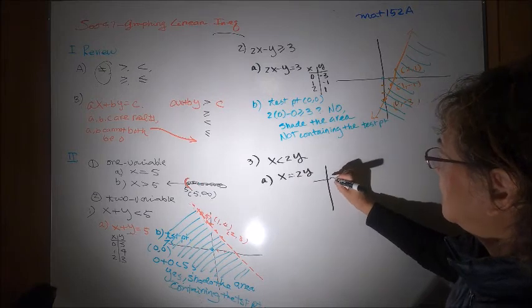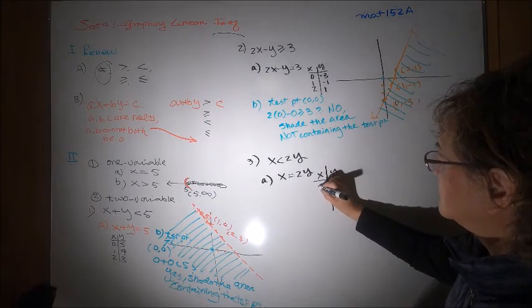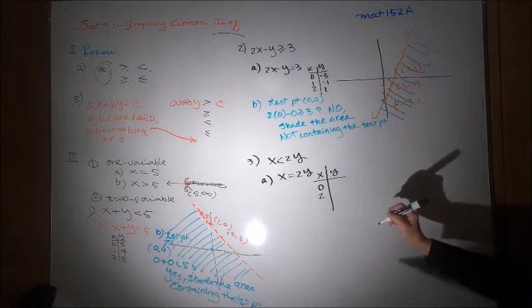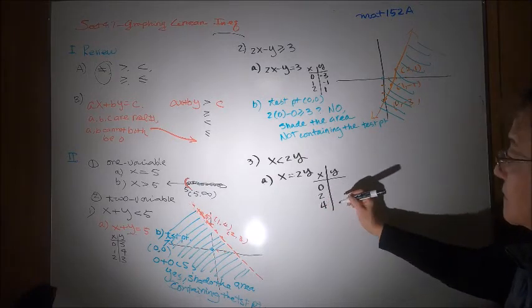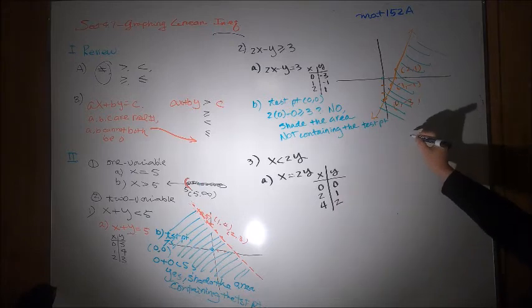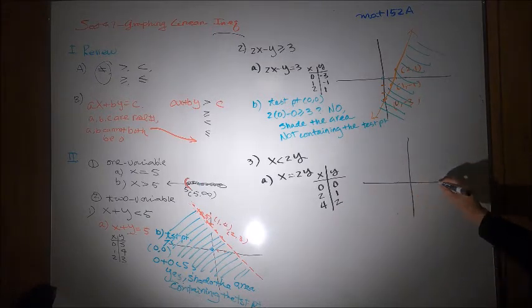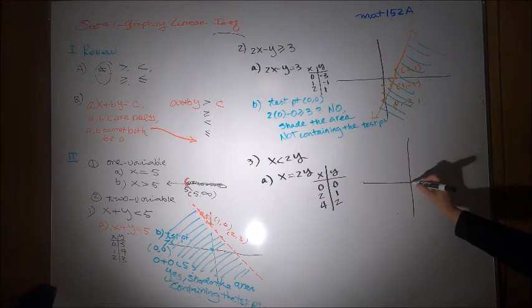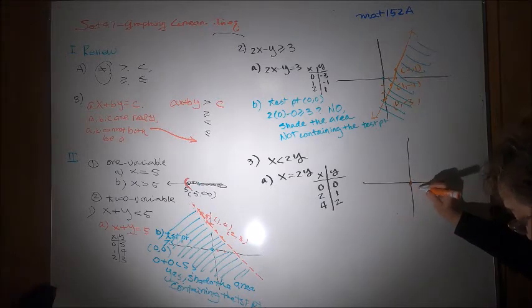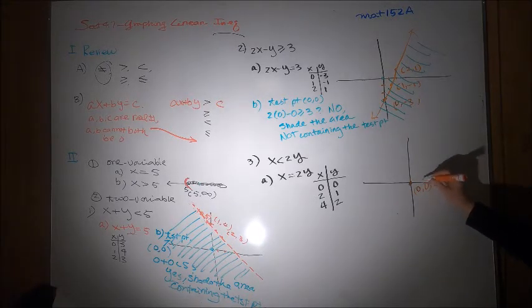So we do that, x and y, 0, because multiplied by 2, I use 2. Okay, so what do I have? x is 0, y is 0, x is 2, y is 1, right? So we have 0, 0, and 2, 1, right?